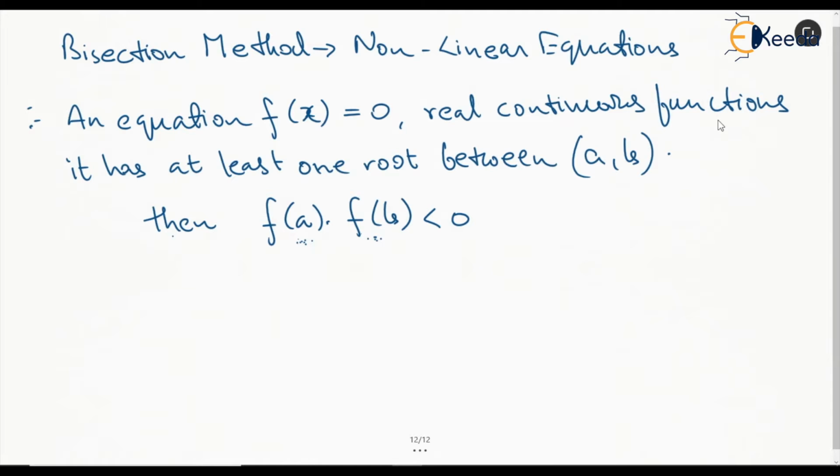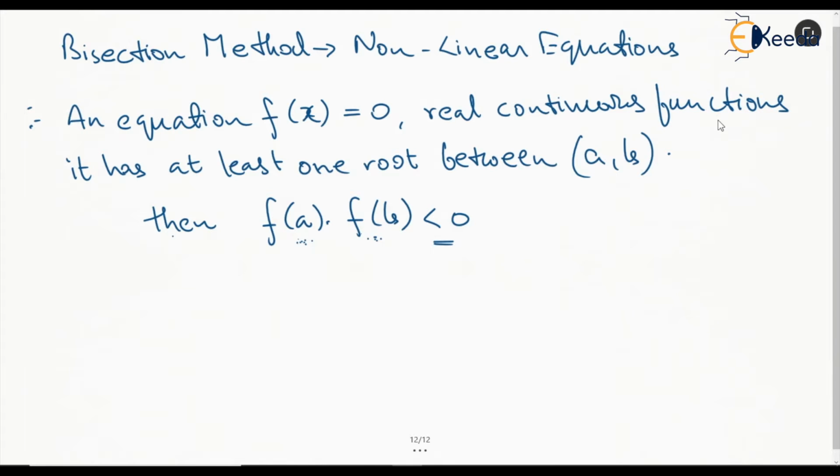Although there can be more than one root also, at least we are expecting one root if we are satisfying this condition. But even if the sign changes are not there, it is possible to have roots between them, but this is not what we are covering in the bisection method.